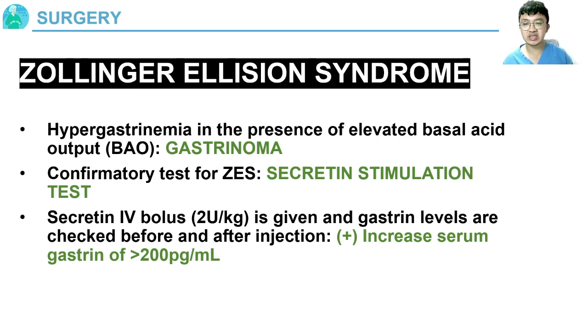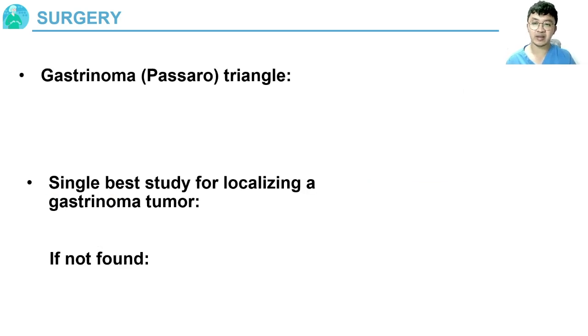Although secretin is not supposed to increase gastrin levels, in patients with gastrinoma, if you give an IV bolus of secretin, gastrin is going to increase more than 200 picograms per mL.